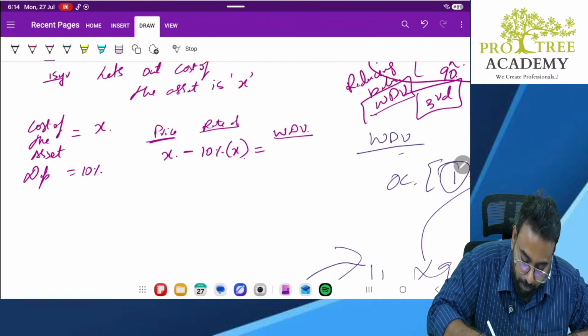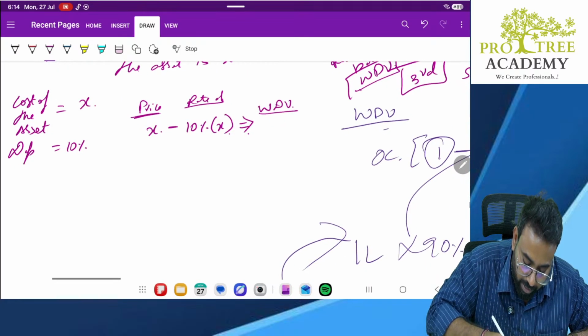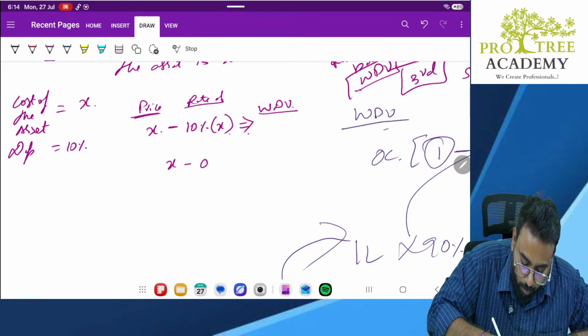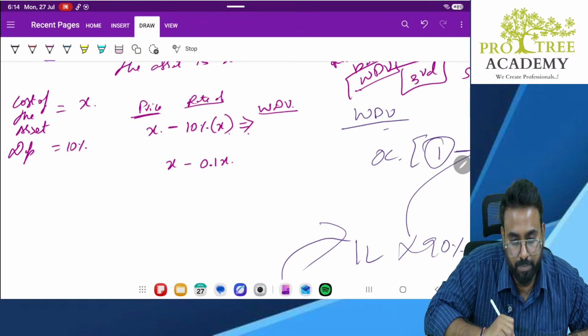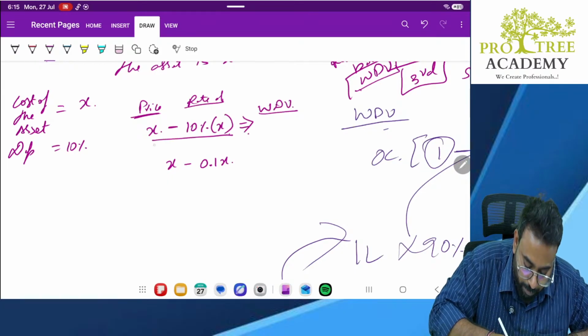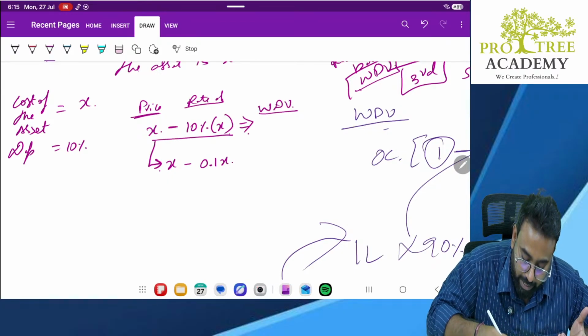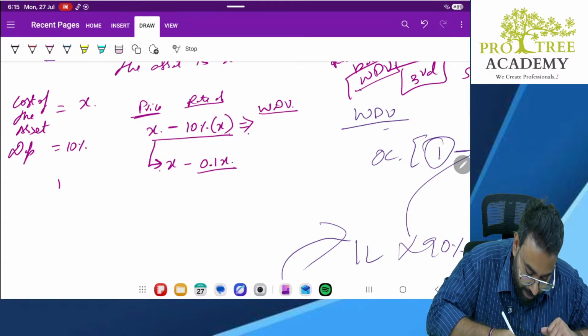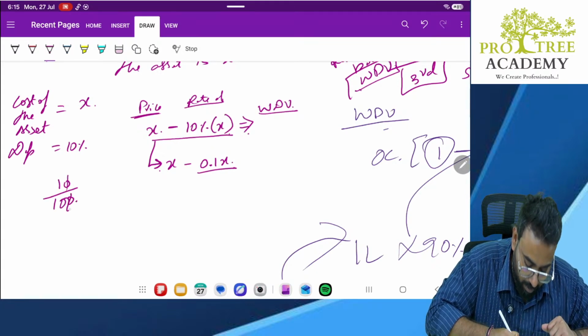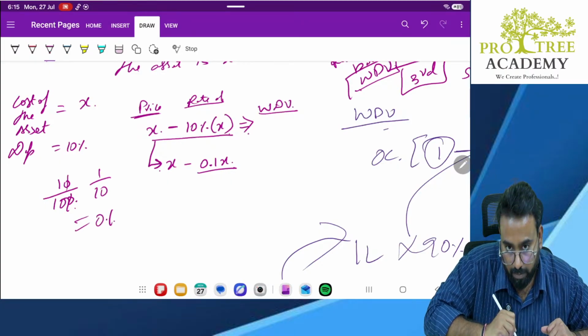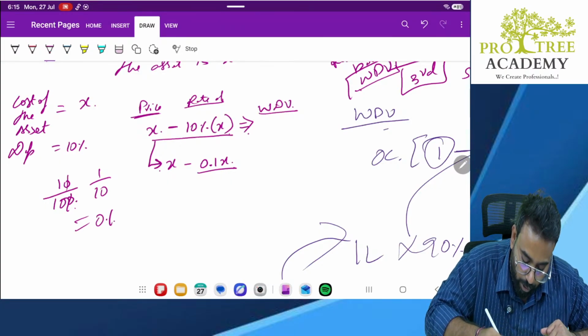Now, if you break this down, how will it look? X minus 0.1X. In this equation, X will come as it is. 10% of X can also be written as 0.1X. How is that, sir? Basic maths. 10% is nothing but 10 by 100, which is 1 divided by 10, and can also be written as 0.1. So 0.1X.